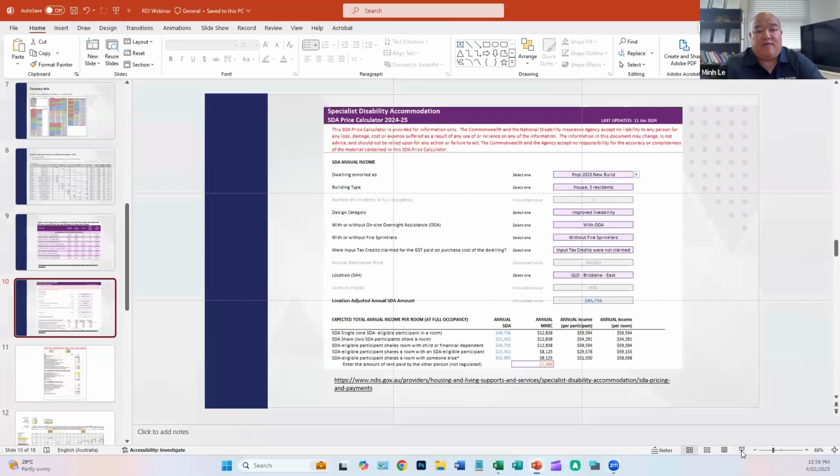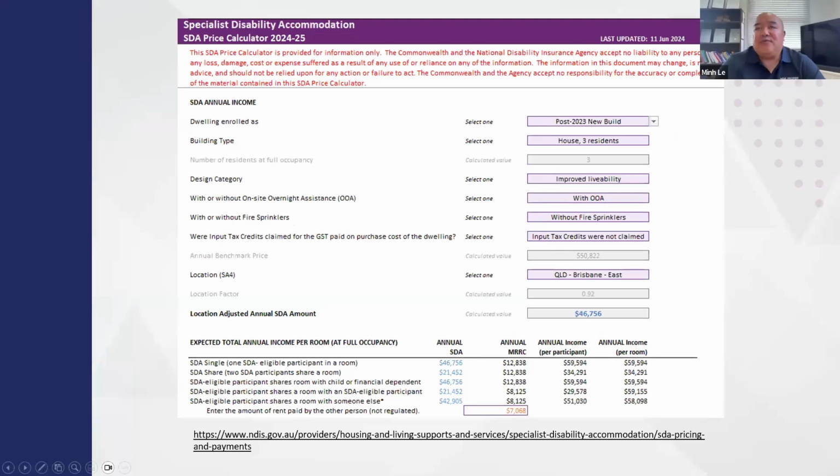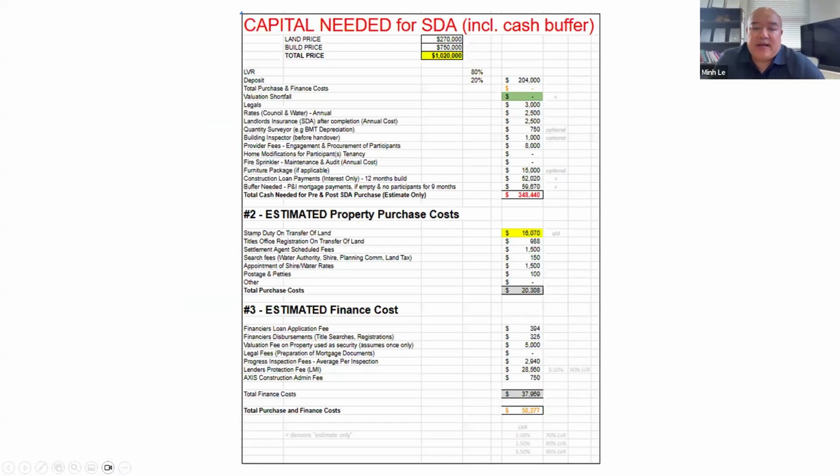That's okay. The next slide, as Debbie's preparing for it, will be our calculations of what we think is needed in capital funding for getting into an SDA. As we said earlier, at the very start of this webinar, a lot of people don't understand the true costs involved in actually getting ready to buy or settle a property. Here it is.